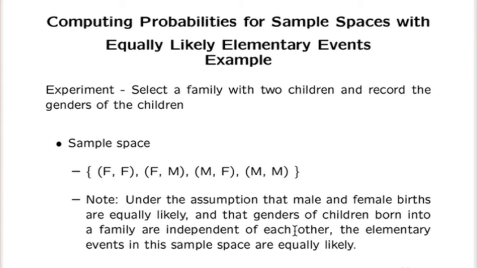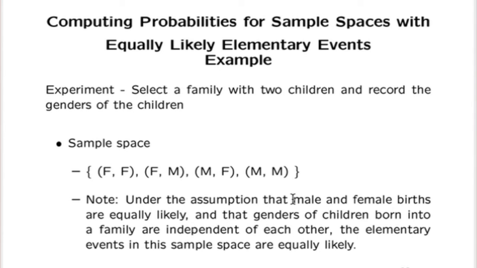So in other words, the gender of the second child is not dependent on the gender of the first child, and so forth. Subsequent children's genders do not depend on the genders of the previously born children. Those are reasonable assumptions for the purposes of illustration here.